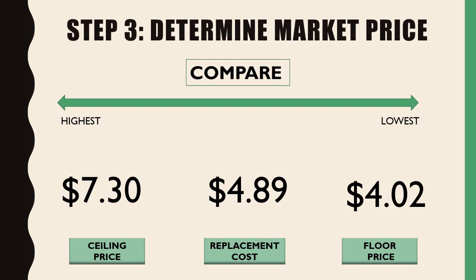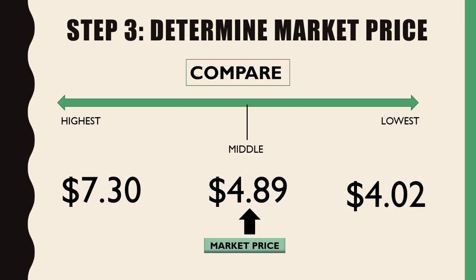Obviously, my ceiling of $7.30 is the highest value, my floor, $4.02, is my lowest value, and in the middle, between the two, I have my replacement cost of $4.89. So when we put these numbers in numerical order, the easiest way to determine the market value is to choose the one that's in the middle.